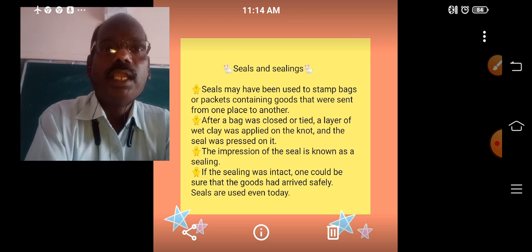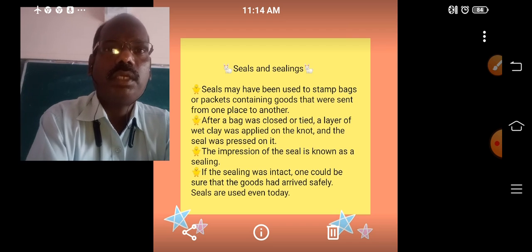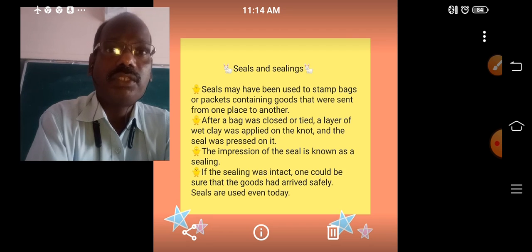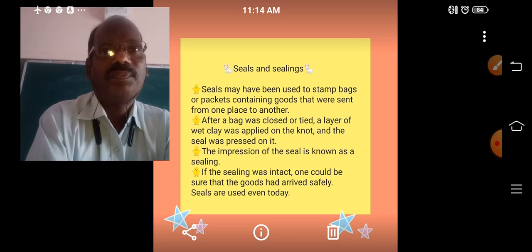They made various goods all over the Indus sites and transported them from one city to another, or from their culture to another culture. So while packing their things, they stamped or sealed the bag using their seals.